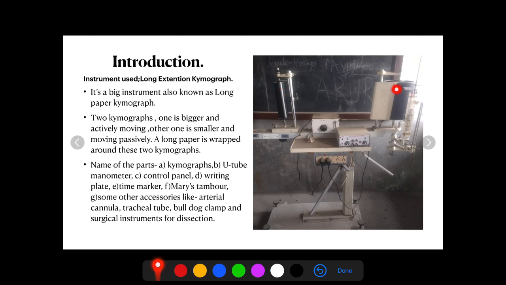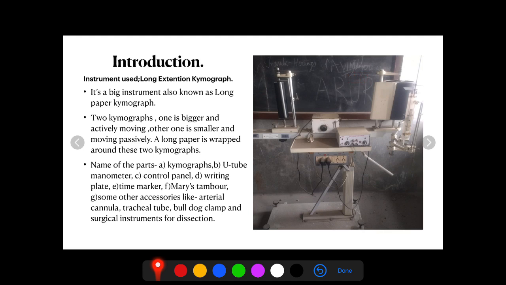Now, the bigger one, this one, is actively moving electrically, and the smaller one is moving passively. A long paper is wrapped around these two kymographs. Now, when this kymograph is moving, the paper is also moving.